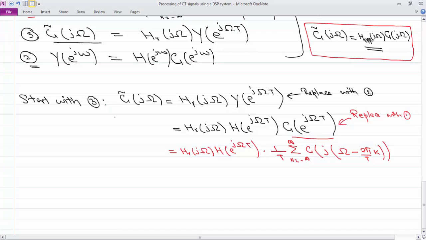So this formulation of G tilde of j omega is always true. Now we see the output frequencies as some function of input frequencies, but we still don't have this form.